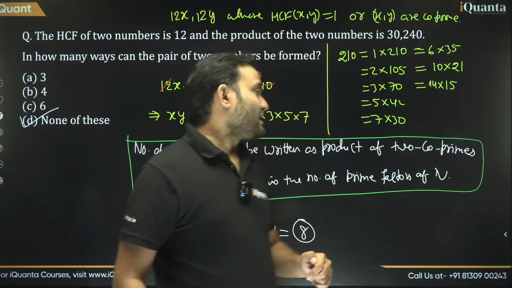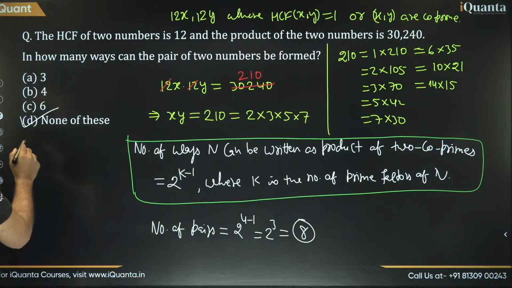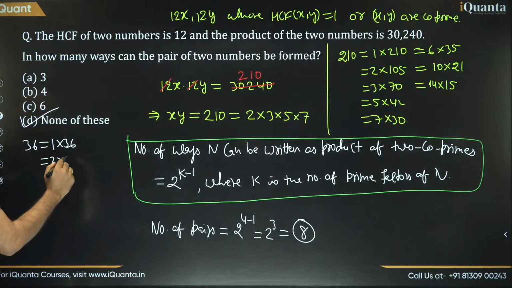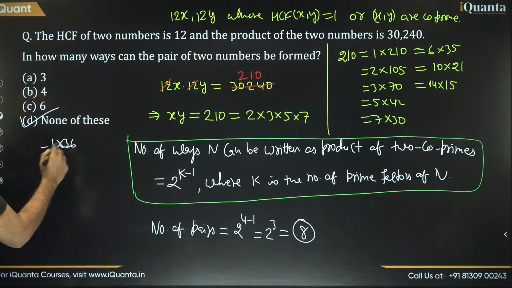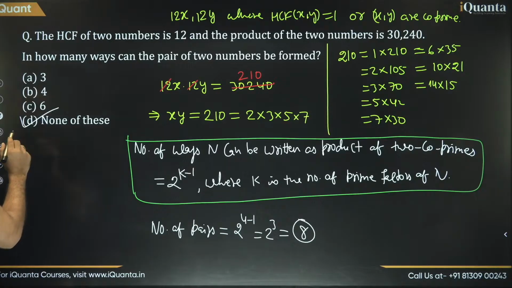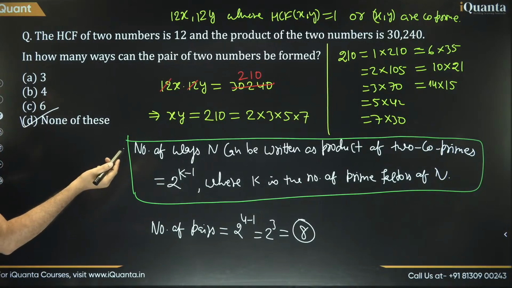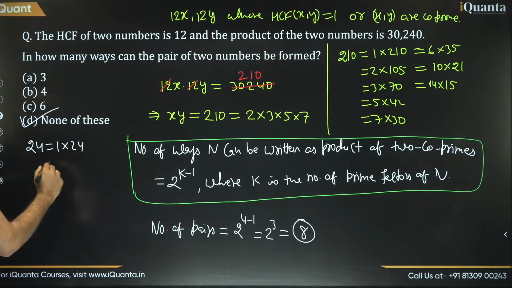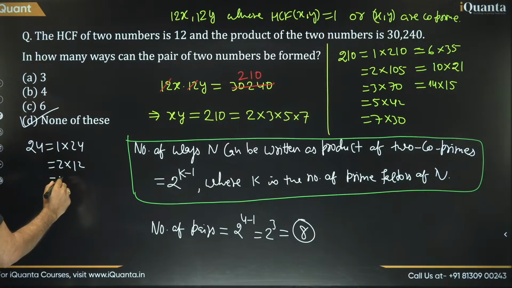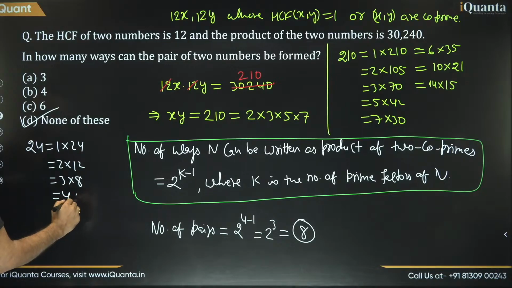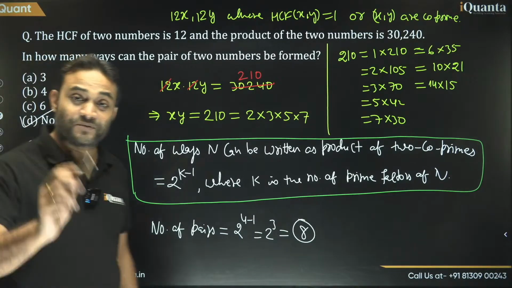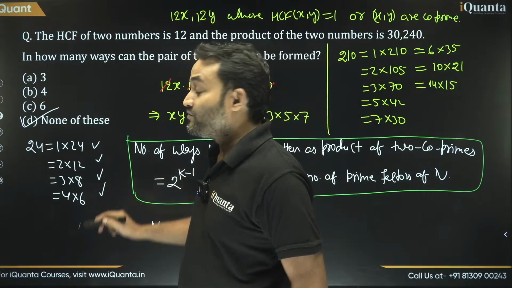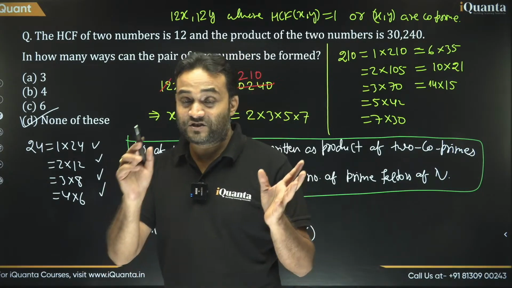Getting my point? Let's take some number which is not a perfect square, like 24. 1 into 24, 2 into 12, 3 into 8, 4 into 6. Now, the number of ways 24 can be written as a product of two of its factors is 4 ways, which is the number of factors of 24, 8, divided by 2.